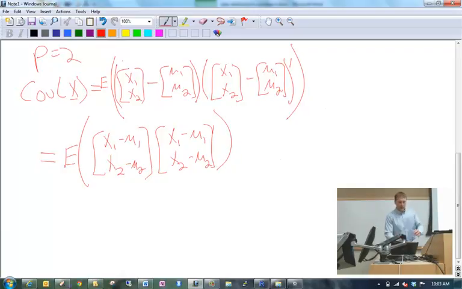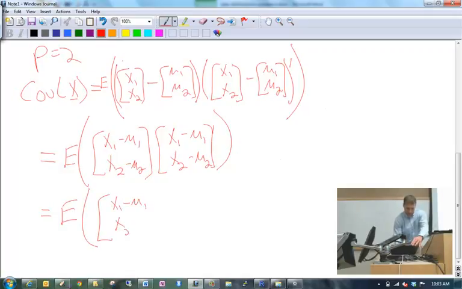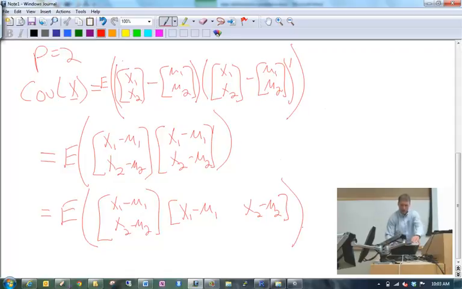Let's take the transpose now. So, expected value of x1 minus mu1, x2 minus mu2, x1 minus mu1, x2 minus mu2. So I have a 2 by 1 vector becomes a 1 by 2 vector because I'm taking the transpose.